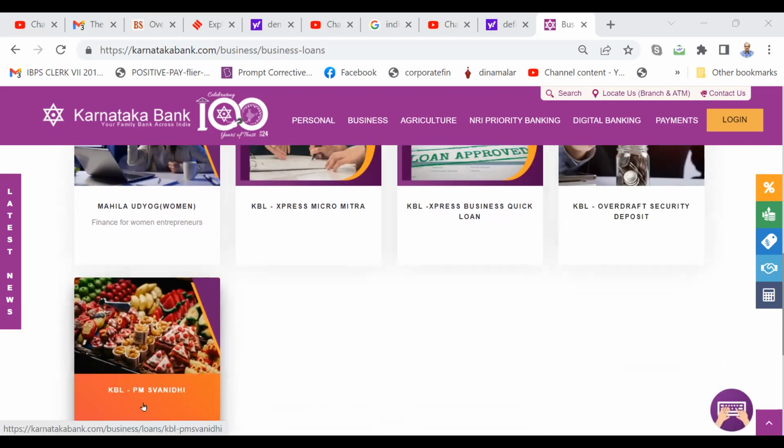Then this is Swanidhi. Swanidhi is making advances for pavement dwellers. This was introduced by government recently in 2021 or so. When after the COVID, the business people were having a lot of difficulties. So they said each pavement dweller can be given 10,000 rupees to be repaid over some period.